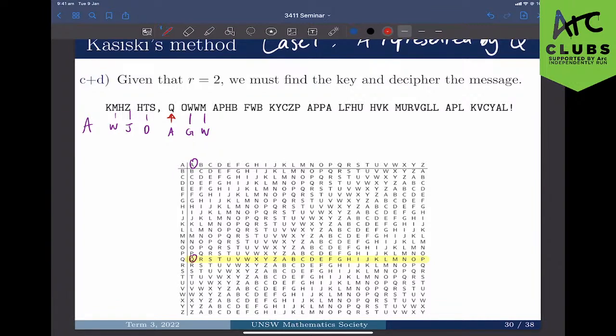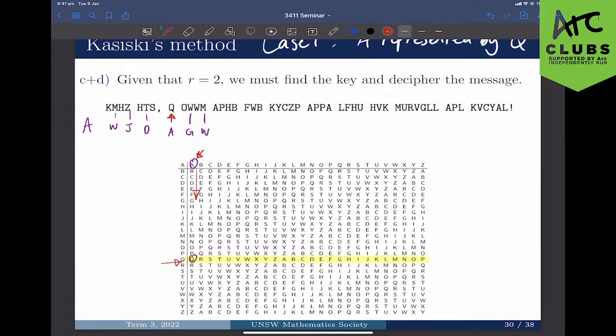So to use it, because we're saying that A is being represented by Q, we start with A here, and then we look down this column until we find Q. So we're considering that this is the Caesar cipher that might be being applied to all the odd letters.